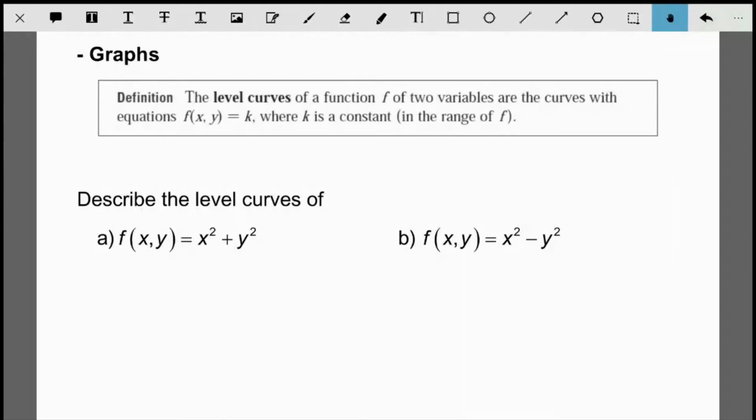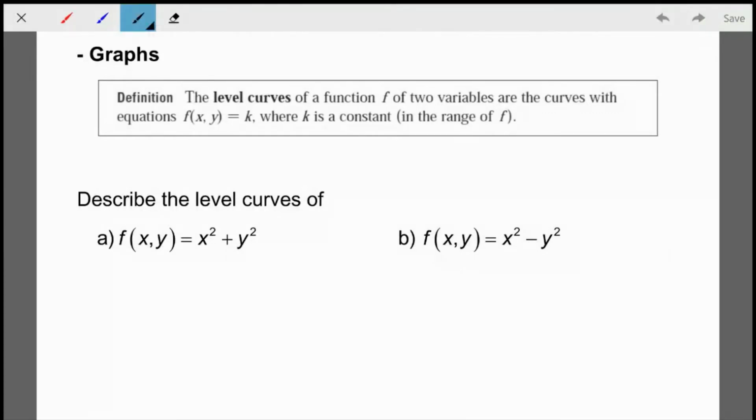So what we do a lot of times is we graph what are called the level curves of a function. And what we create is essentially like a topographical map of what the function would look like. So for example, it says describe the level curves of f of x, y is equal to x squared plus y squared.